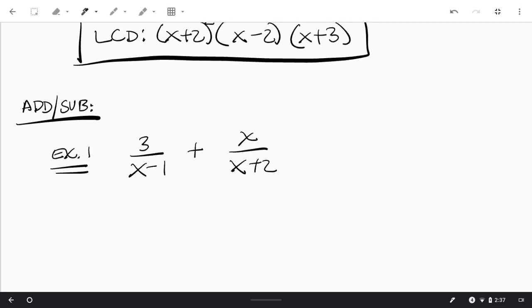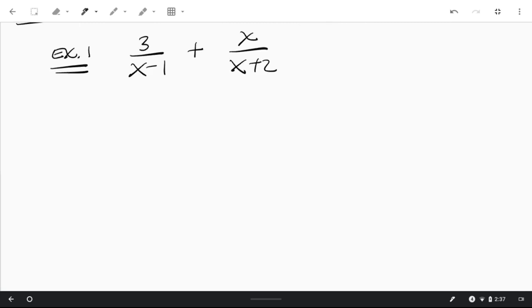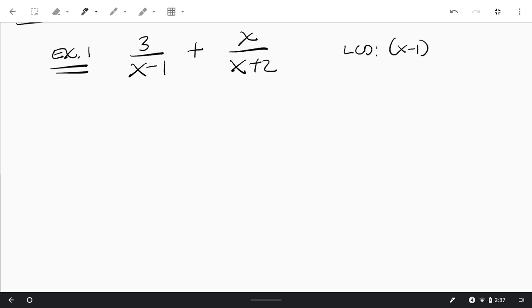Okay, so no need to factor these, right? Okay, so our LCD is basically going to be x minus 1, x plus 2. This is our LCD. So this is what we want our denominators to look like.